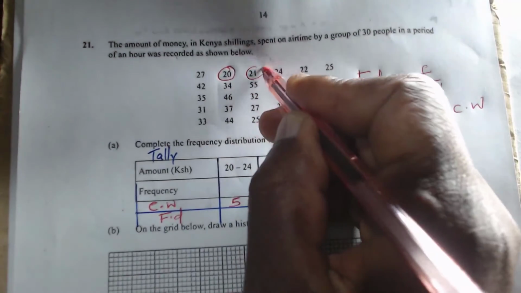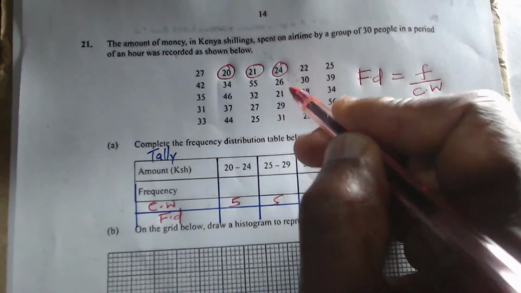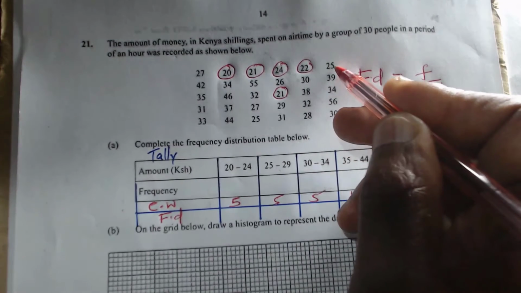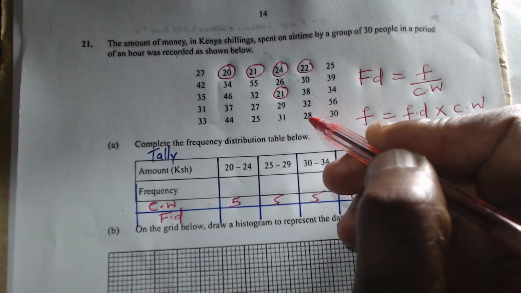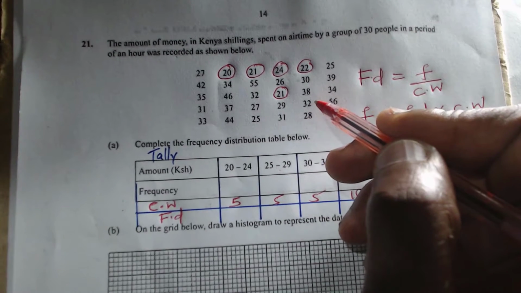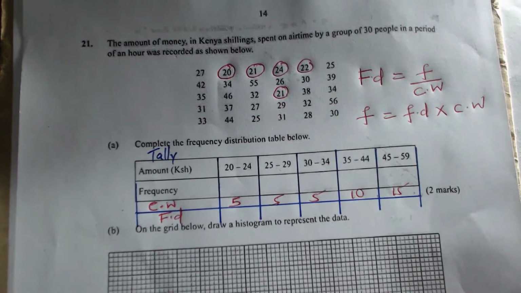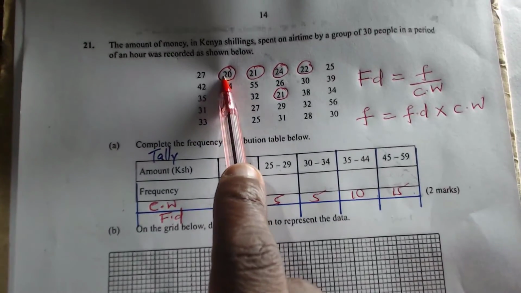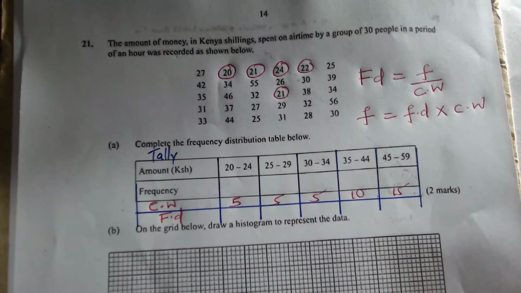There's one there, there's another one here, another one here, and another one here. Let me see whether I've left another one. I don't think I've left any other. So that is how you identify: any amount from 20 to 24, we have these ones.